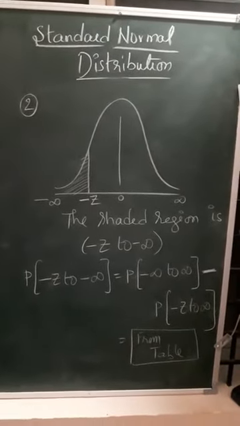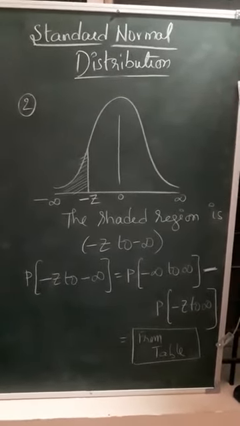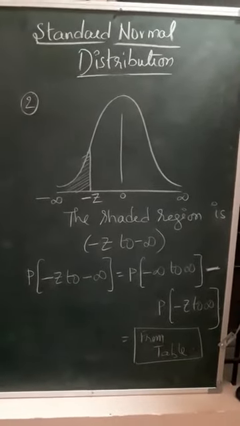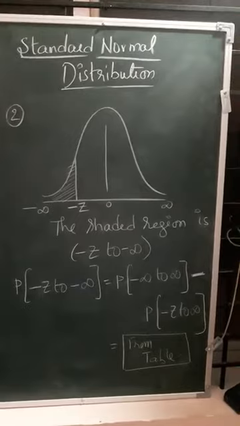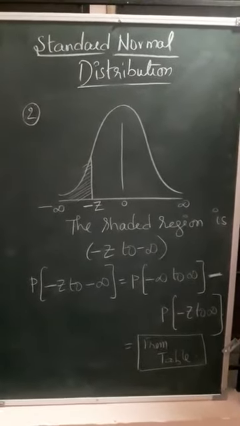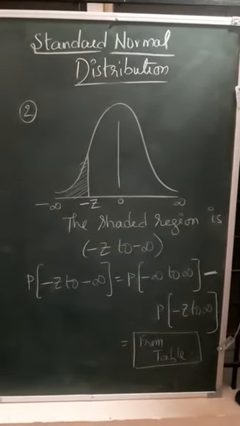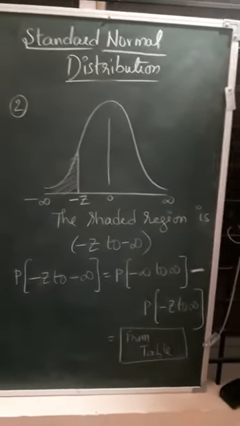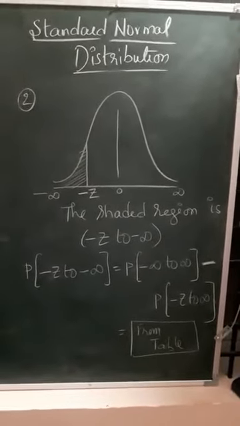In your normal tables, we have only z, plus or minus z, to positive infinity towards the right. We do not have any tables from minus z to minus infinity. I mean towards negative infinity we don't have any normal tables in your textbook.